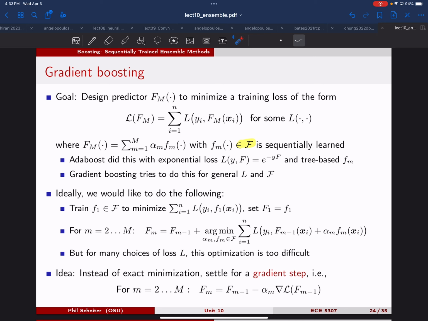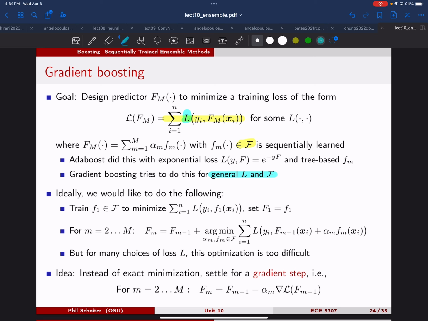And we would like to do this for general model classes, like anything. And furthermore, we want to minimize this loss. You can see that this part here, L, is general. So we want to be able to handle a general loss, not just that exponential loss.